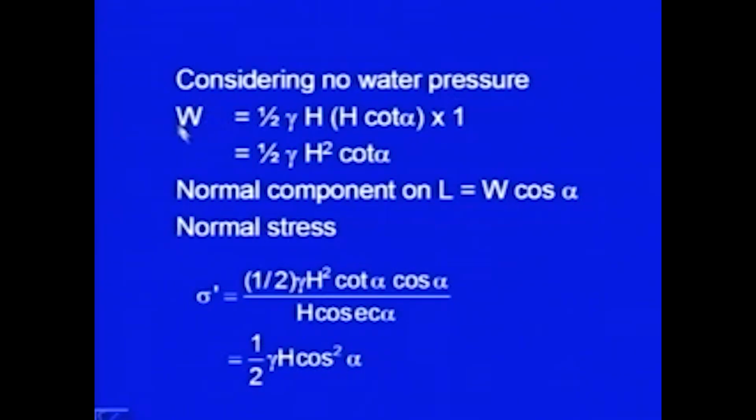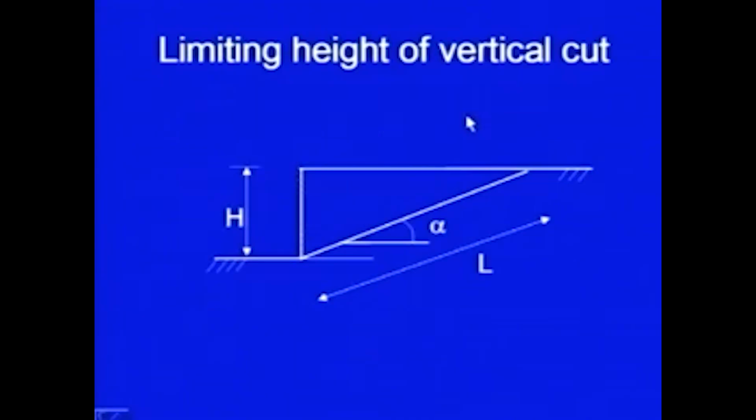So, the weight of this wedge will be equal to half gamma h into h cot alpha into 1. Here this dimension is h, and this angle is alpha, this angle will also be alpha, so this dimension will become h cot alpha.